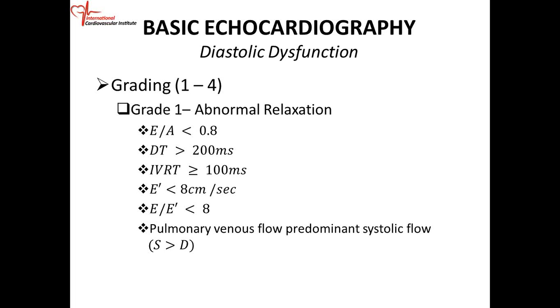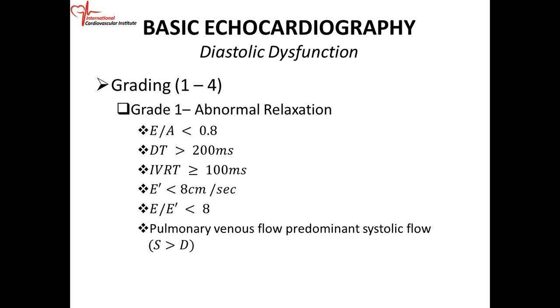So when we talk about a grade 1 diastolic dysfunction, we talk about abnormal relaxation. So the heart is not relaxing properly to fill with blood. So that's a grade 1 diastolic dysfunction. And the E to A ratio is usually less than 0.8. You don't have to measure it closely. If the E is smaller than the A, then you're thinking in terms of a grade 1.